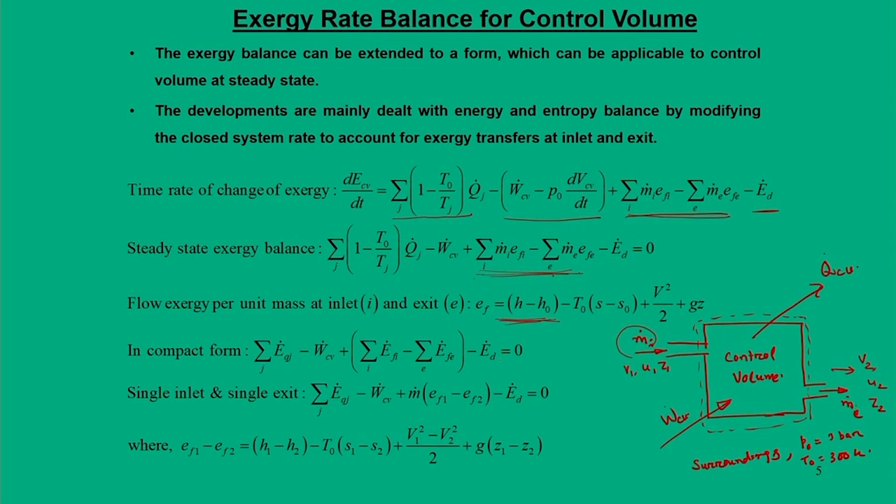Then in a compact form we can rewrite these expressions, and for single inlet and single exit we write these expressions. So, finally, the exergy rate balance for the control volume can be expressed by this last expression, where we have to find EF1 minus EF2, that is exergy due to mass flow at inlet and outlet. In fact, these are the working formulas to be used for solving the problems.